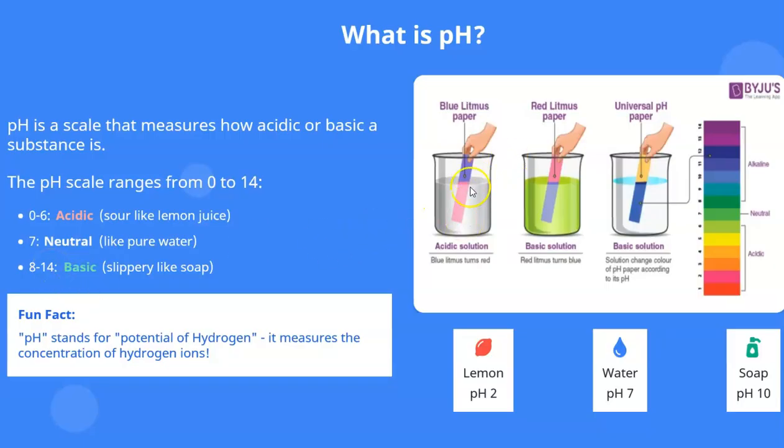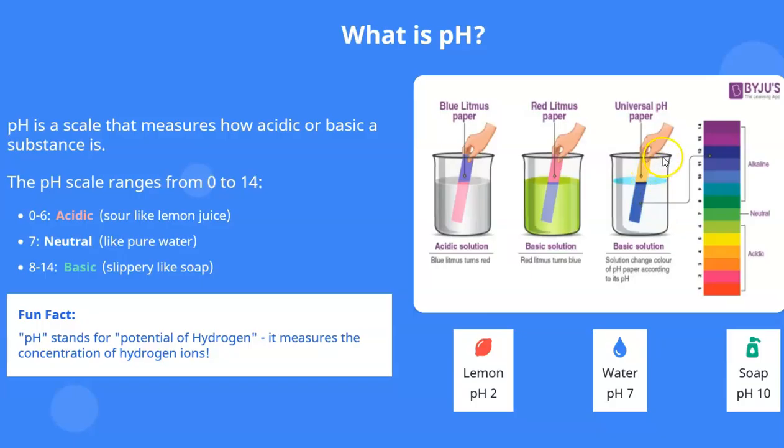So in the illustration, we can see a beaker with different solutions. In the first beaker, we have an acidic solution. When we put blue litmus paper in that solution, that blue litmus paper turns red because that's an acidic solution. In the basic solution, when we put in red litmus paper, that red litmus paper turns blue because it's the basic solution.